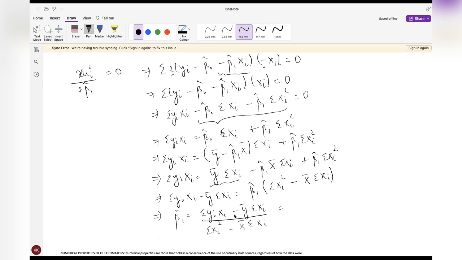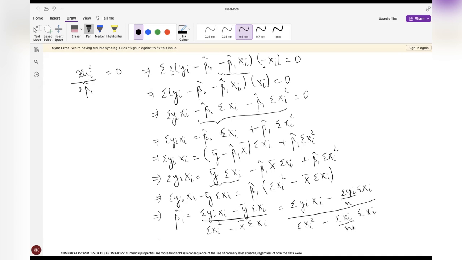Now again, we will open this up by substituting the value of y bar, which is equal to summation of yi upon n. So we will be writing this as summation of yi xi minus summation of yi upon n into summation of xi, upon summation of xi square minus summation of xi upon n into summation of xi.